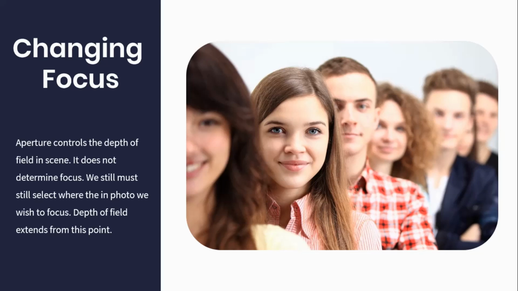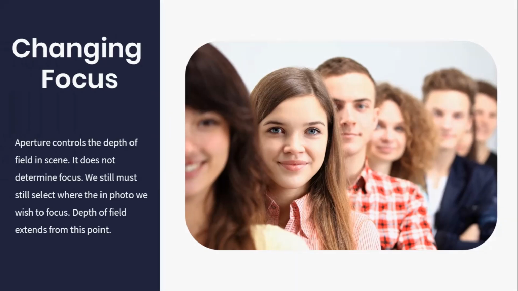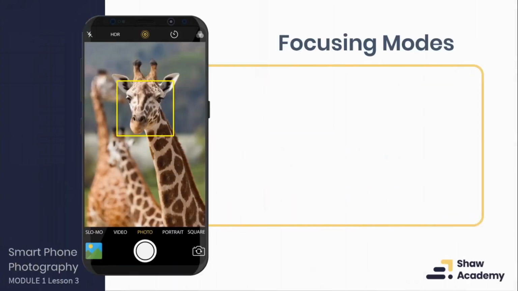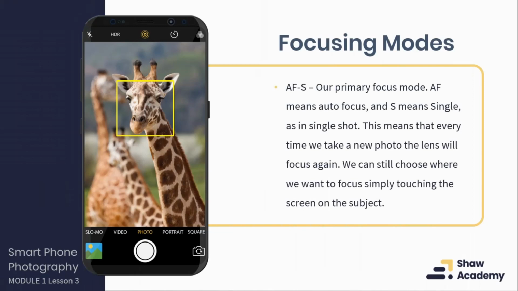Because where we choose to focus from is where the depth of field extends from, because of that plane of focus. So, of course, we can change our focusing by using our different focusing modes, but in this instance, AFS, autofocus single, is probably going to be our best bet, because we can simply press on the person or the object that we want to be in focus, and as I mentioned then, the depth of field is going to extend from around that person.